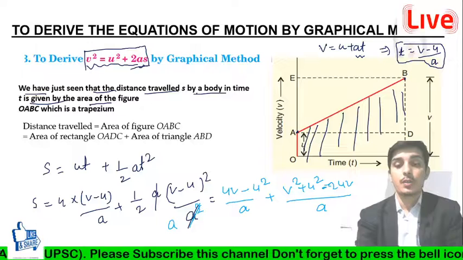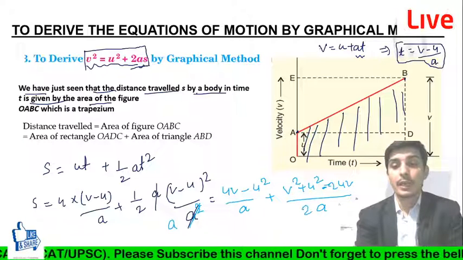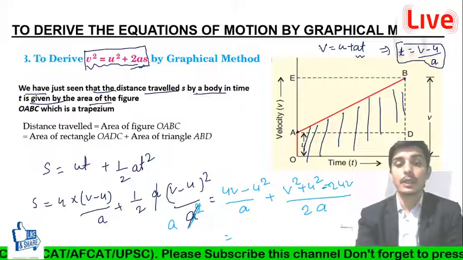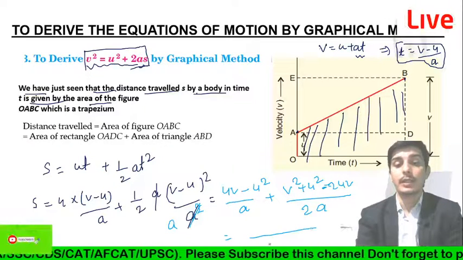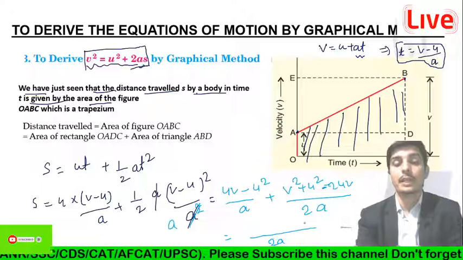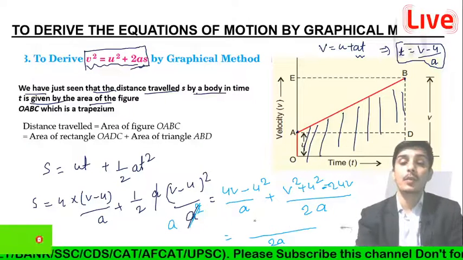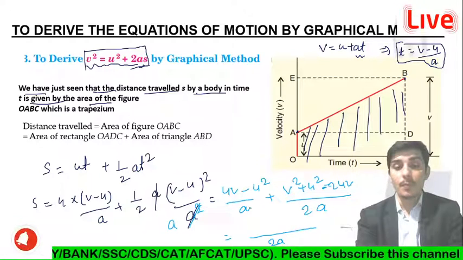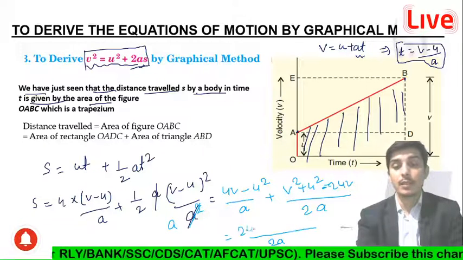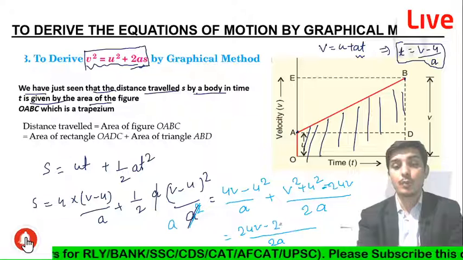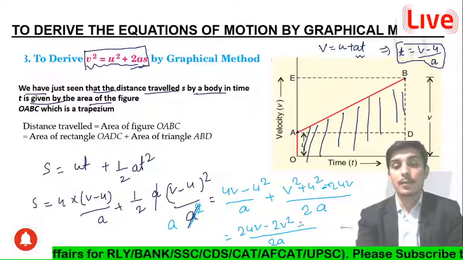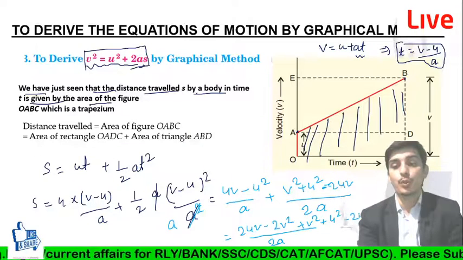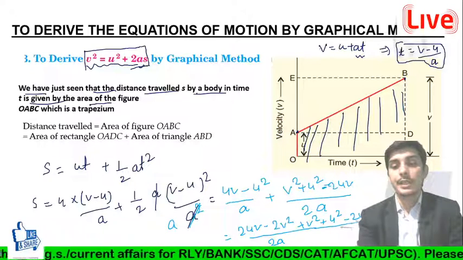So we can write the 2a, and after taking the LCM it will be 2a. After taking the LCM we can write 2uv minus 2u square plus v square plus u square minus 2uv.